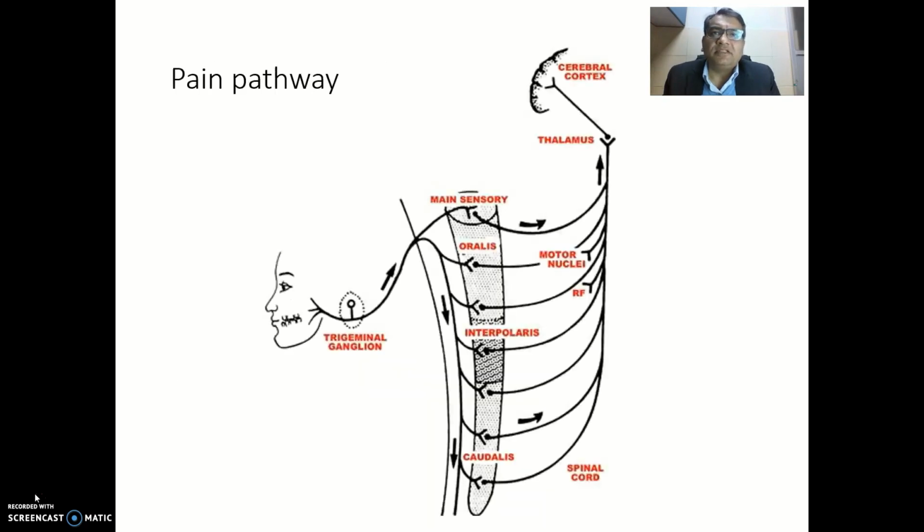Finally, the pain sensation will reach the sensory cortex where it is perceived, and various neural connections will result in various kinds of physical pains and emotion.